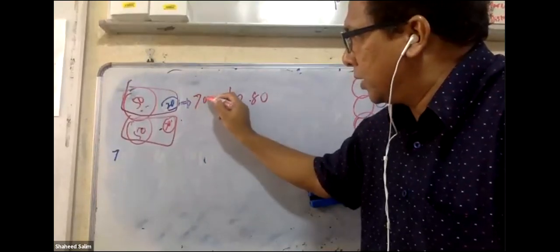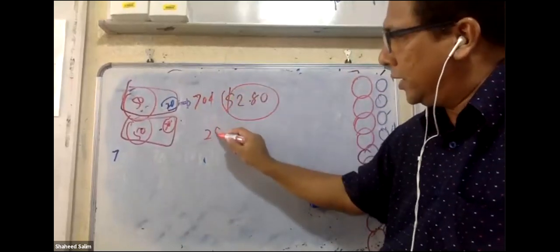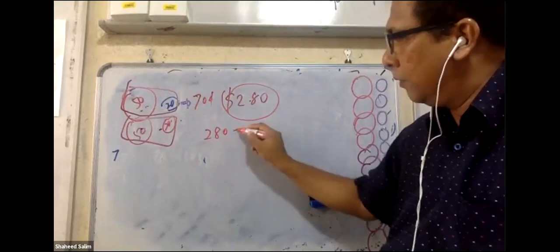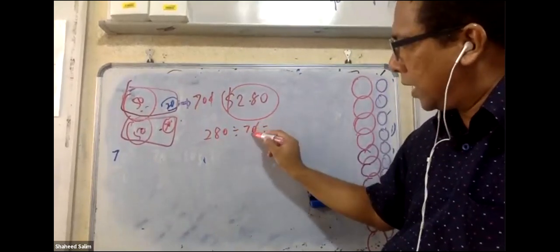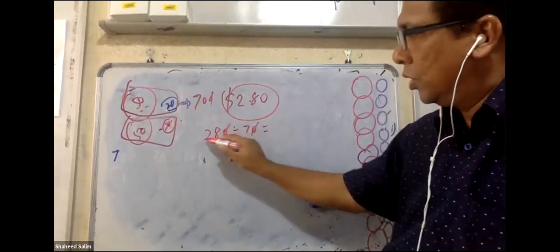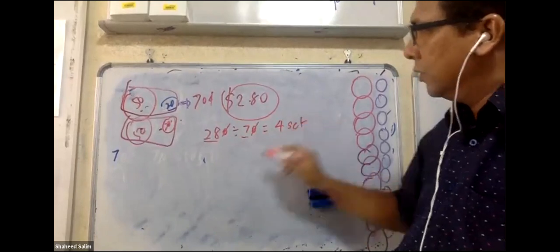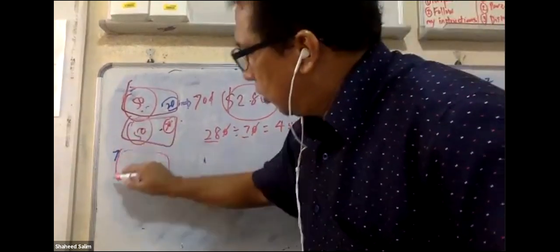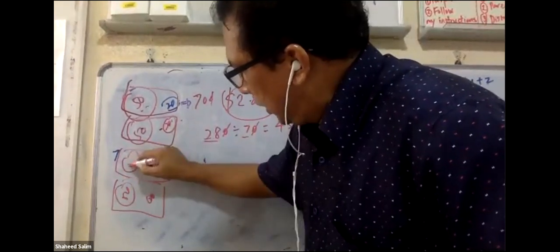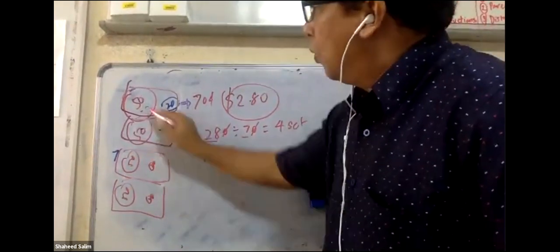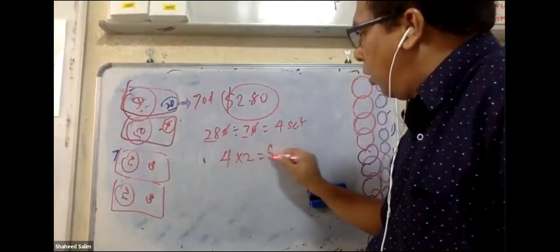I cannot hear you, but 70 cents. So what's the total value? 280 cents, divided by 70 cents. Now cancel the zero. 28 divided by 7 is 4. This is 4 sets. 50, 20, 50, 20. So one set has 2. 4 sets, there must be 4 times 2, 8 coins.